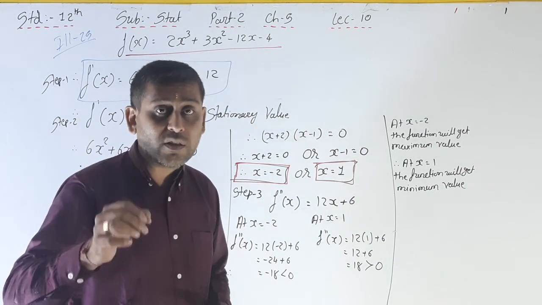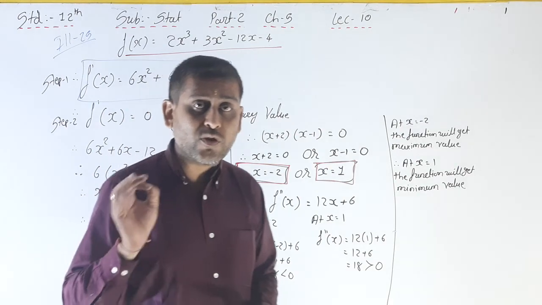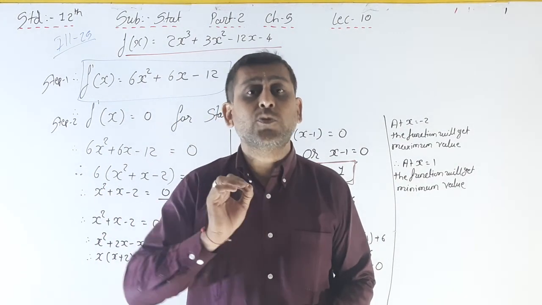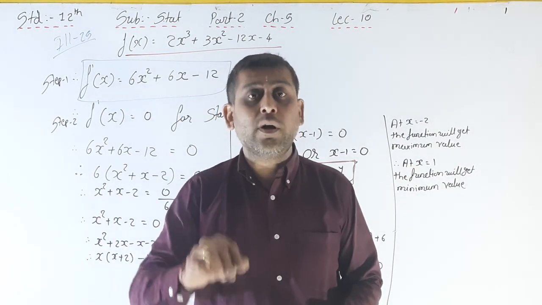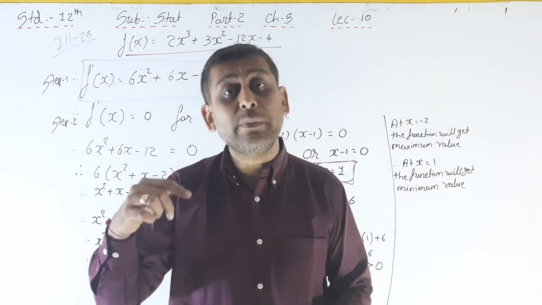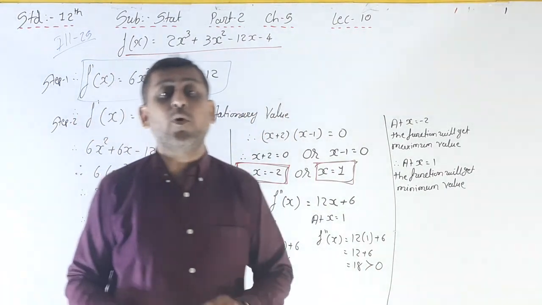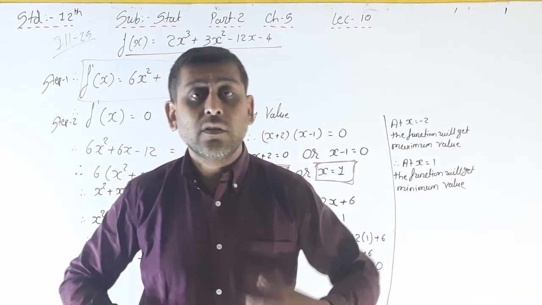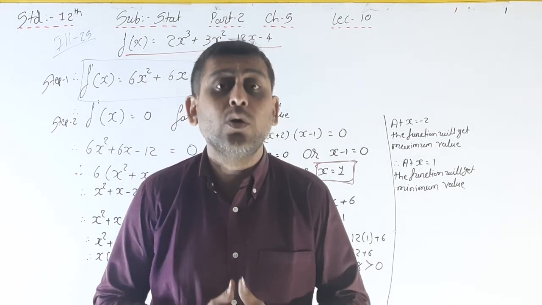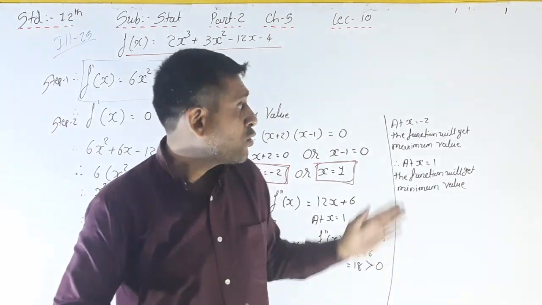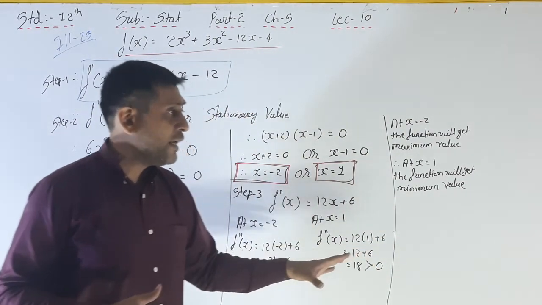If the answer of that second differentiation is positive, then at that point the function will get a minimum value, and if it is negative, then at that point the function will get the maximum value of that particular function.